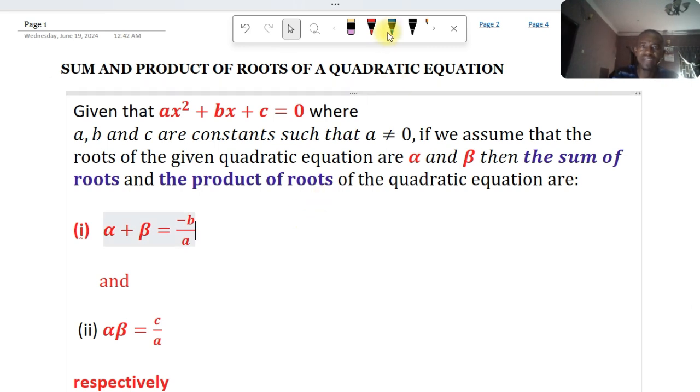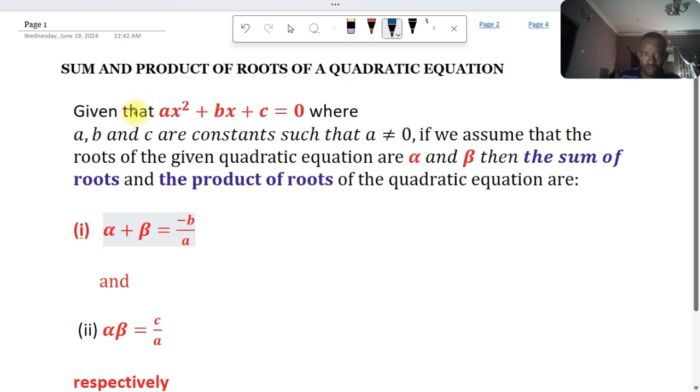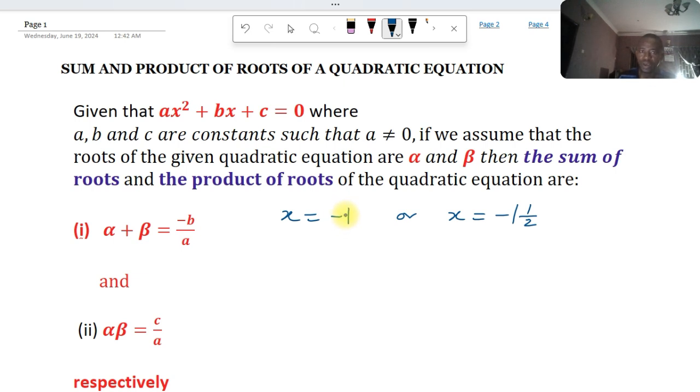In the first example we obtained the values of our x to be x equals -1, or x equals -1 1/2. In that case we got a particular value, we were being specific, but in this case we are generalizing what we have here.